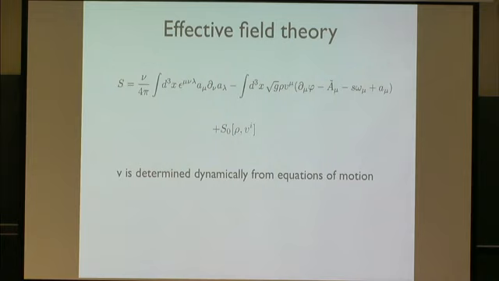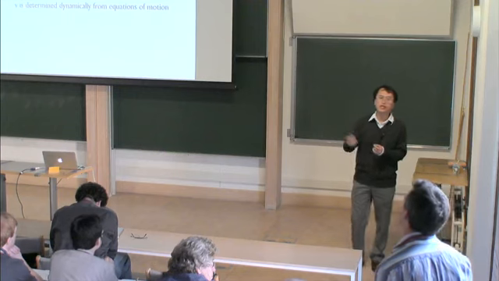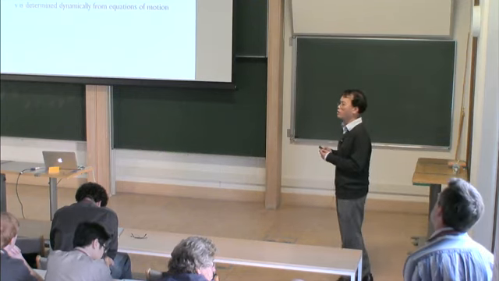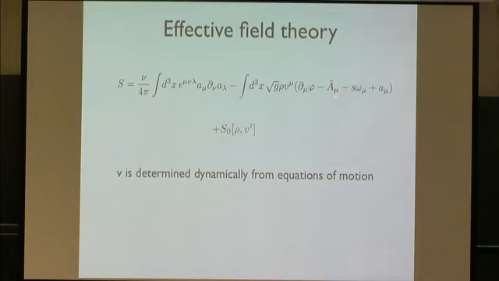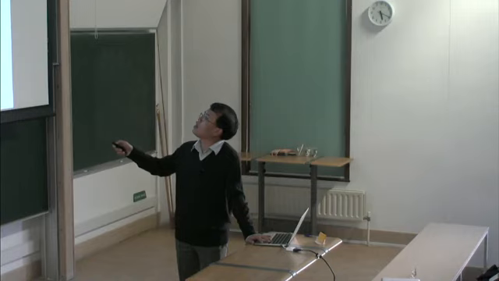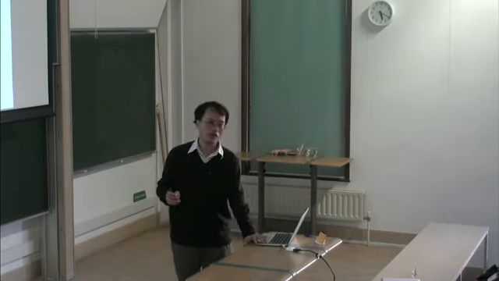V, the velocity in the Newton-Cartan structure, is determined by writing down the equation of motion. So A mu and the metric are fixed by the external probe, and V is determined by the equation of motion. There's no kinetic term for V? The kinetic term for V you can write down. Actually, I will show you at the end how it will influence the result.